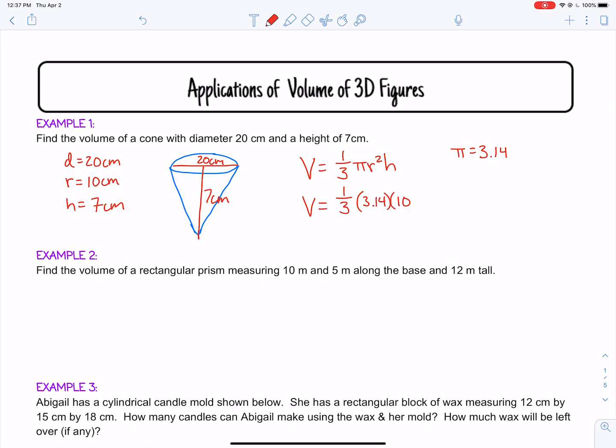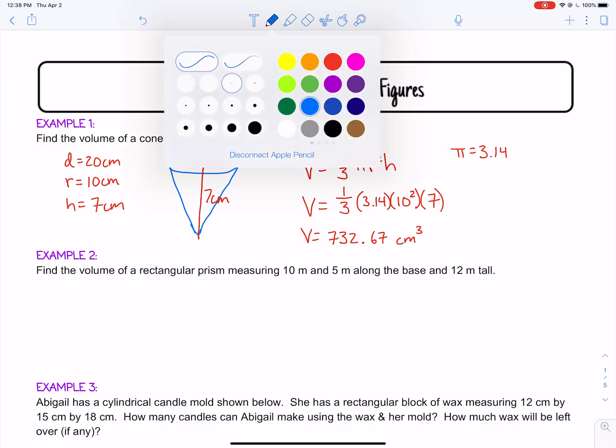So I'm filling in the radius is 10, and I need to square that, and then multiply by the height, which is 7. Once you type all of that in your calculator, you should get 732.6 repeating. So I'm going to say 732.67 cubic centimeters.